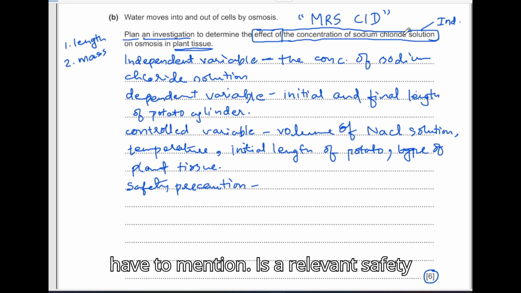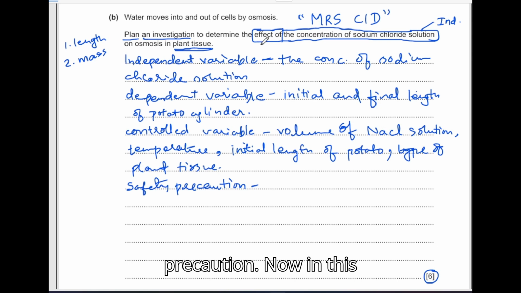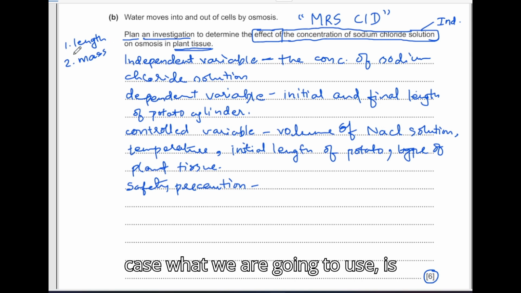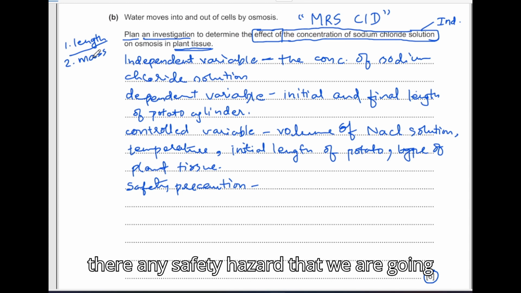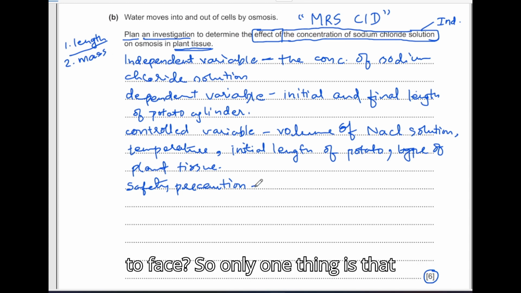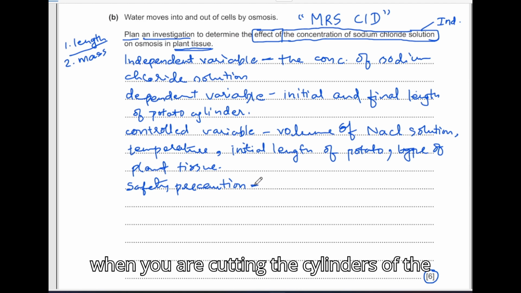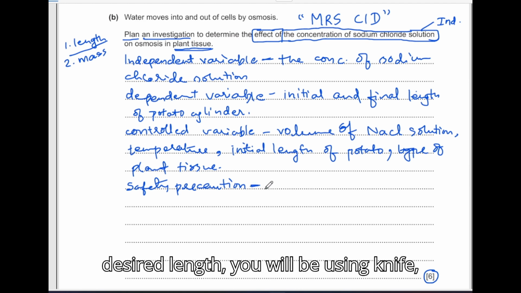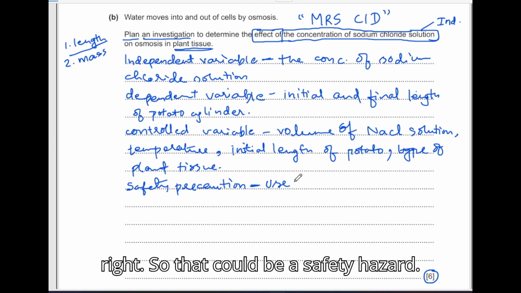Next thing we have to mention is a relevant safety precaution. Now, in this case, is there any safety hazard that we are going to face? Only one thing: when you are cutting the cylinders of the desired length, you will be using a knife, right? So that could be a safety hazard.